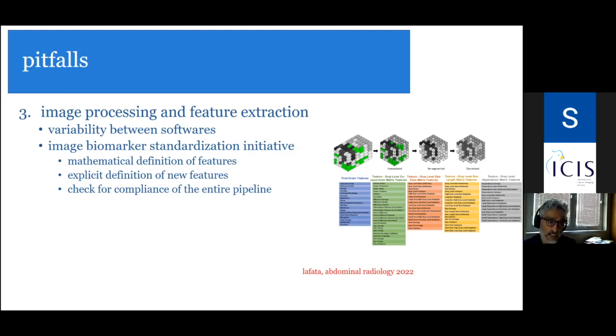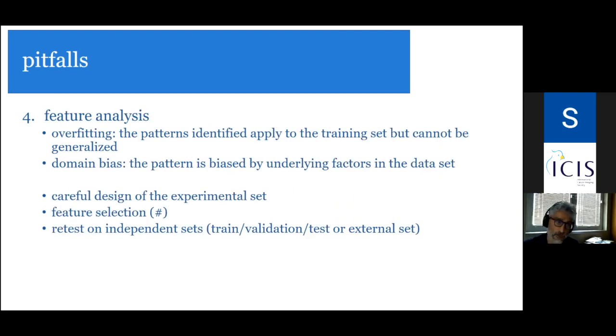They aim at obtaining explicit definition of any new feature coming into the arena, and they provide help in terms of checking the compliance of your entire pipeline with the standardization initiative itself. So all these steps aim at obtaining standardized results that may reproduce widely and not only at your own institution.